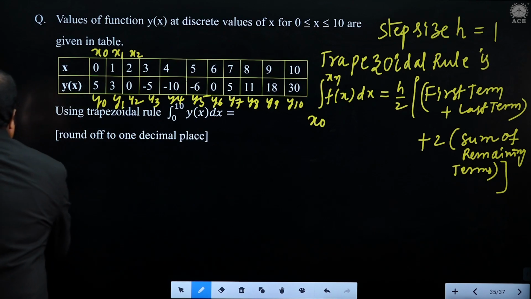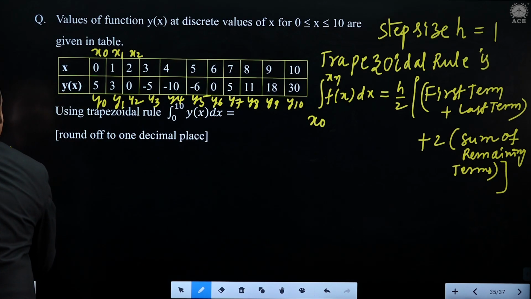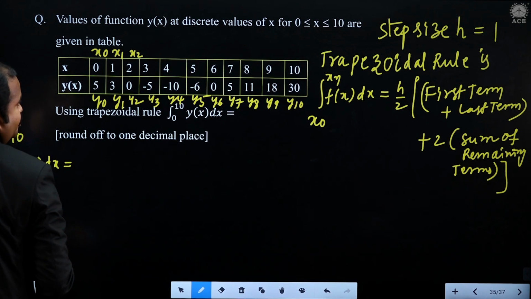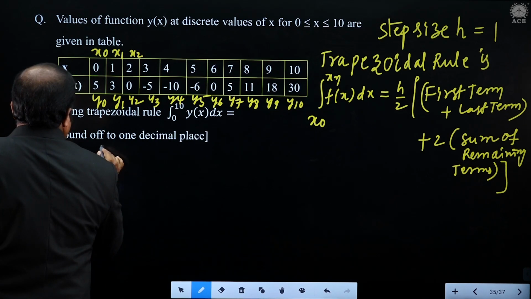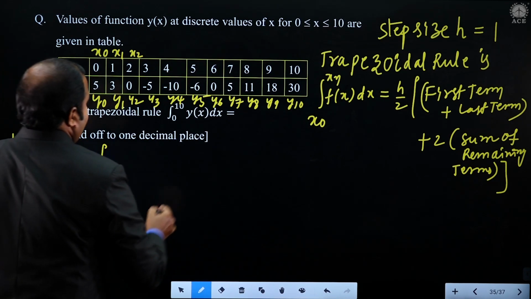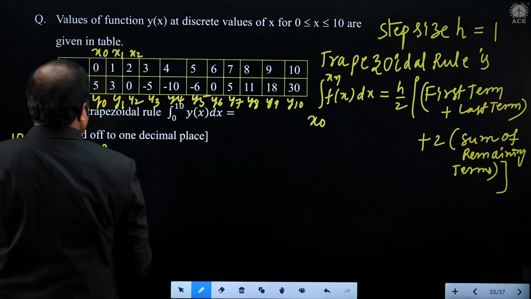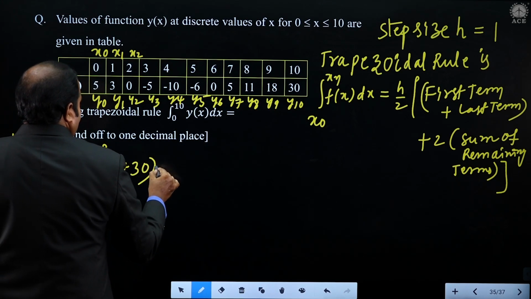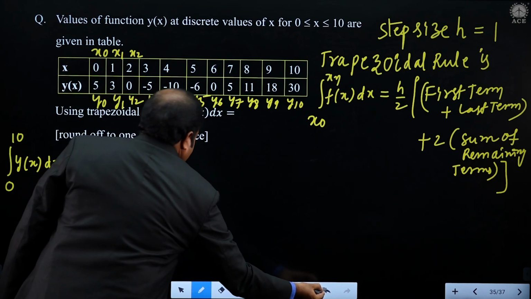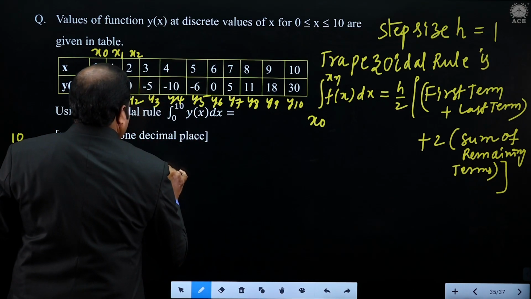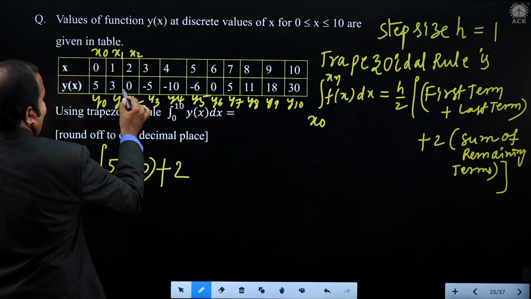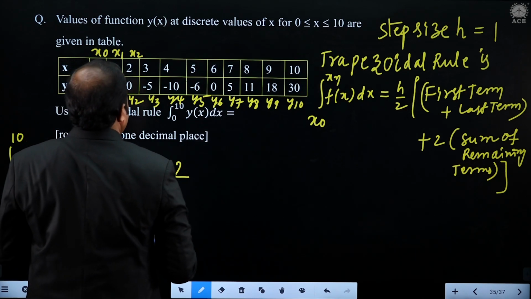Therefore, the value of the integral from 0 to 10 of y of x dx equals h by 2, that means 1 by 2, into first plus last, that is y naught plus y10, that is 5 plus 30, plus 2 times the sum of all the remaining terms, that is y1 plus y2, y3, y4, y5 and so on.